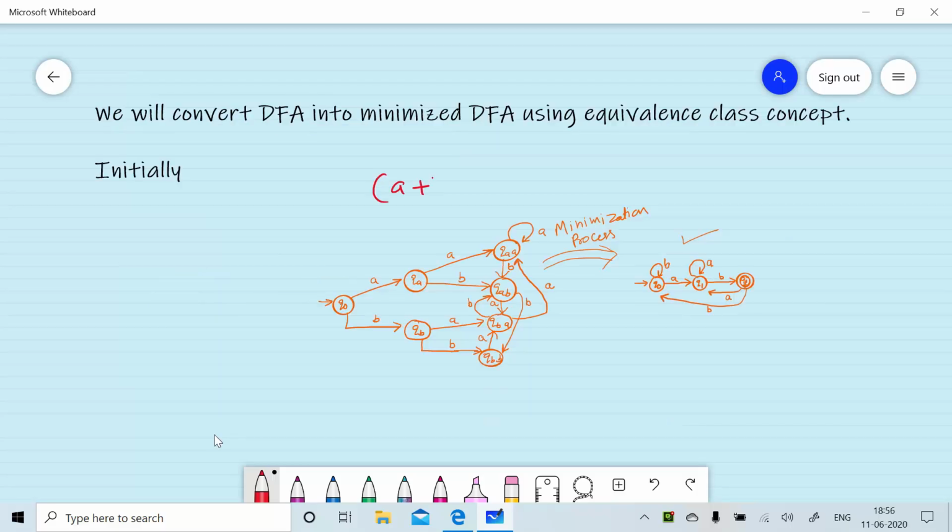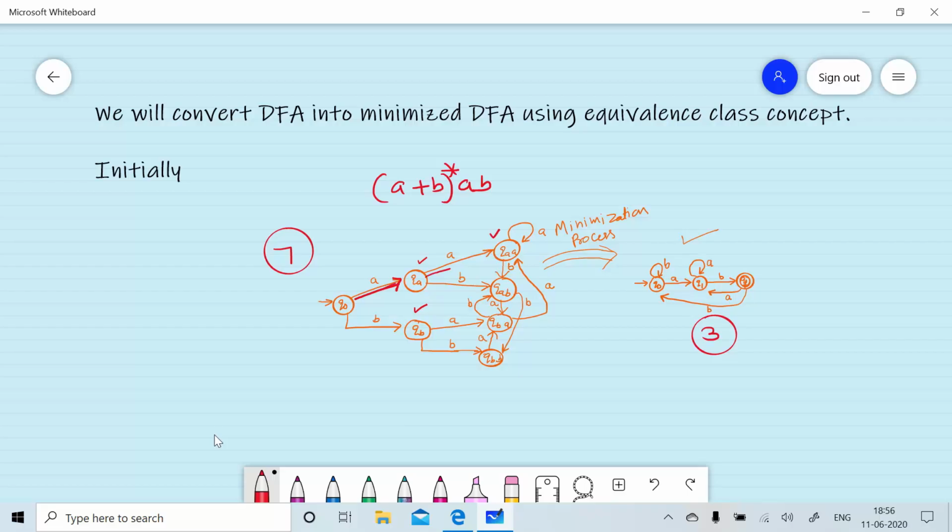Now suppose we have two given DFAs for (a+b)*ab, one with 7 states, another one with 3 states, and we want to minimize the DFA. In the first step, we will observe whether all states are accessible from the initial state. QA is accessible from the initial state, QB is also accessible from the initial state, because we can move from Q0 to QA on reading a.